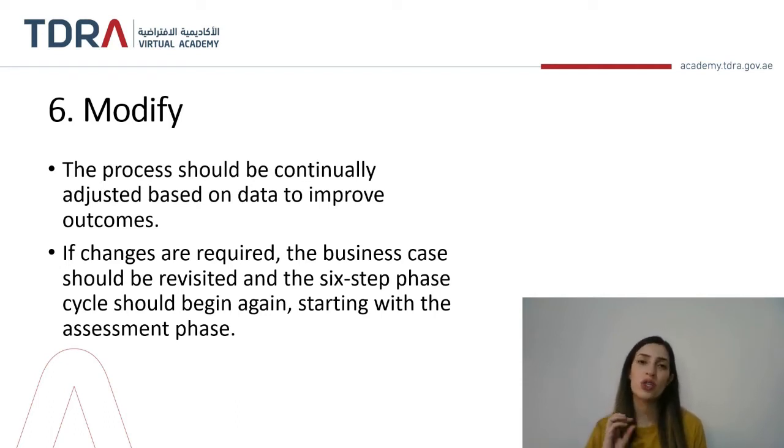When I say organizational performance, this is not apart from employee performance as well. Corporate competitiveness and employee performance will eventually also be improved, as they are part of each other. If changes are required, the business case should be revisited and the six-step cycle should begin again, starting with the assessment phase.